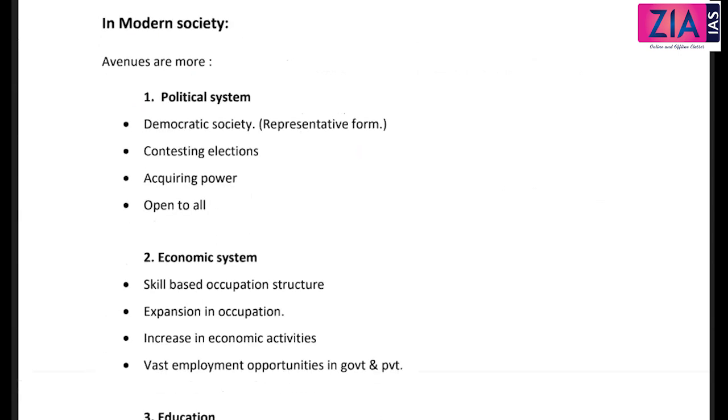What about modern society? More avenues because of all these political and economic systems, right? In the political system, you see now, in a democratic society everybody is equal, so representative form, contesting elections, acquiring power is open to all. If you see panchayat elections now, even people who are preparing for the UPSC exam are also contesting the election. They know about panchayati raj and everything.